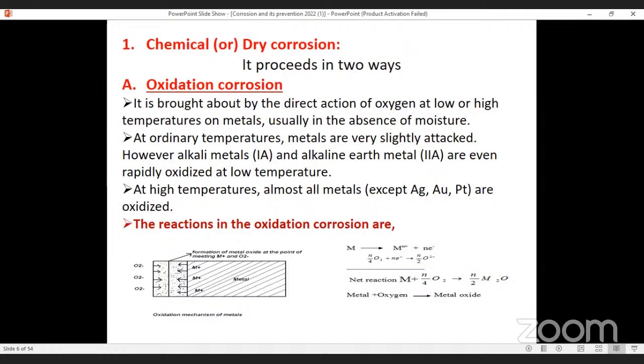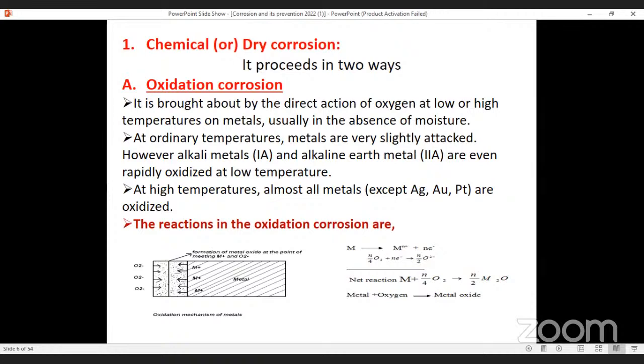A different nature of metal oxide formation takes place, depending on the characteristics of the metal. Based on that, such a type of metal oxide forms during the corrosion process.